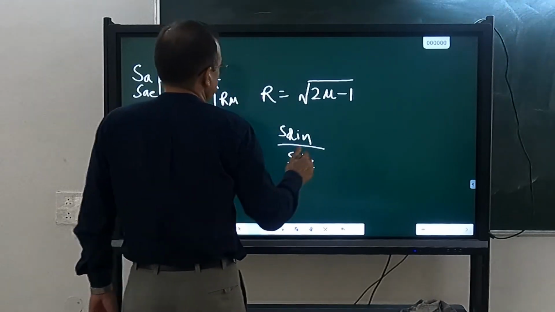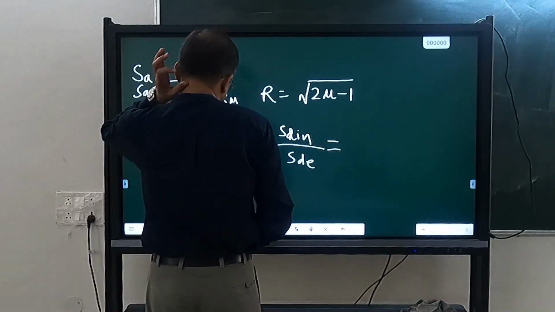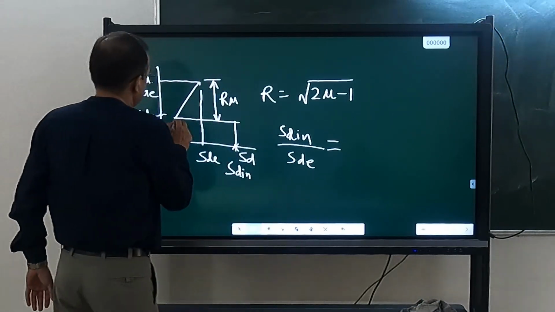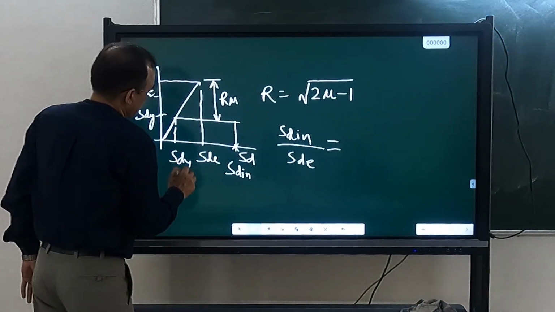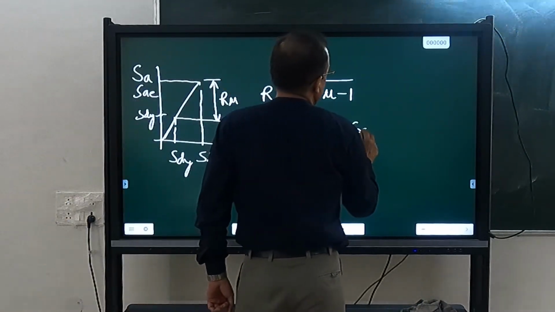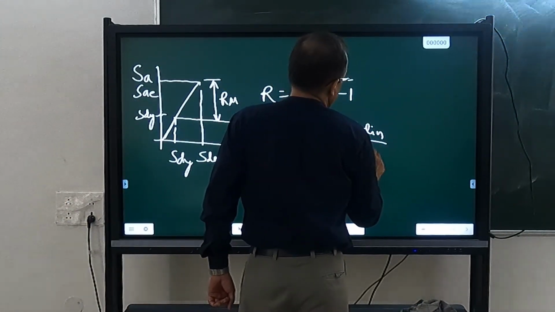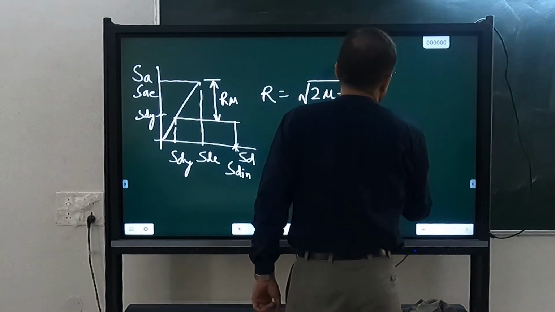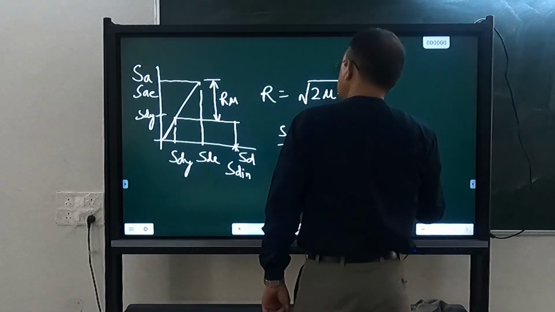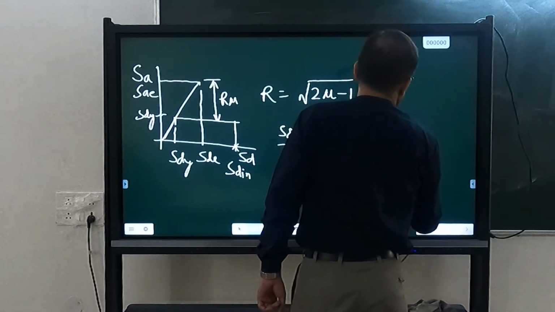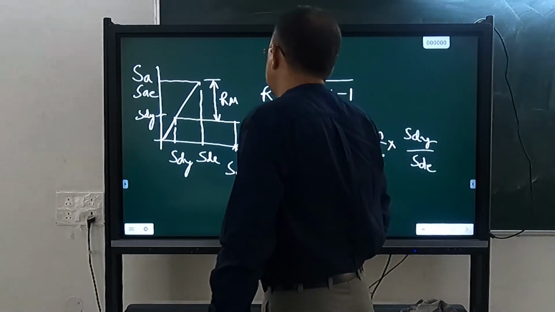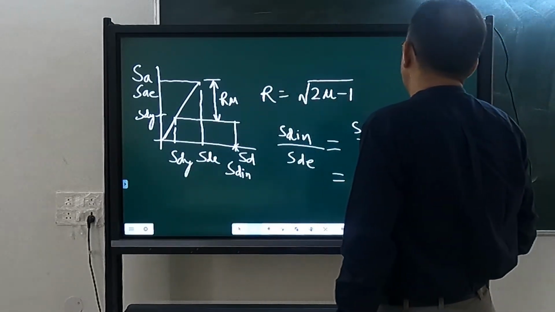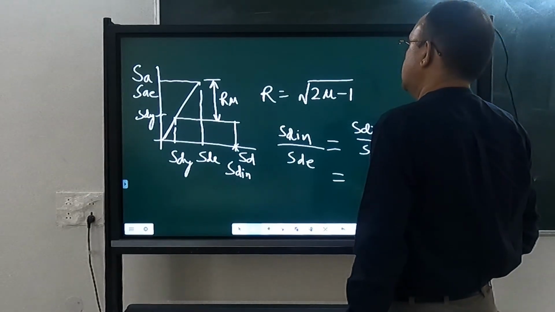So this will be SB inelastic divided by SBY into SBY over SBE. Okay. So SB inelastic over SBY is how much? Mu.